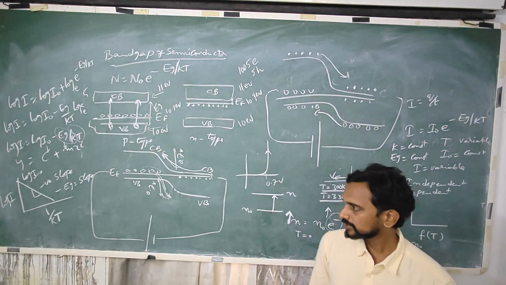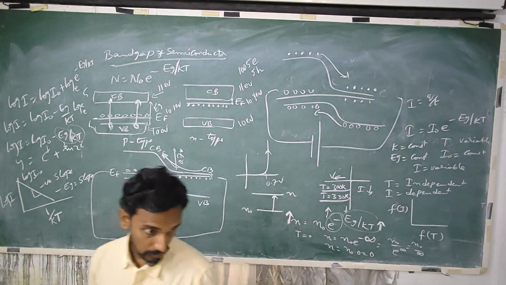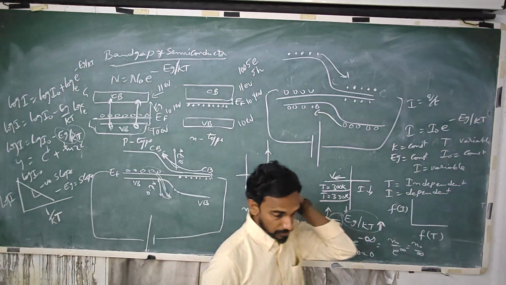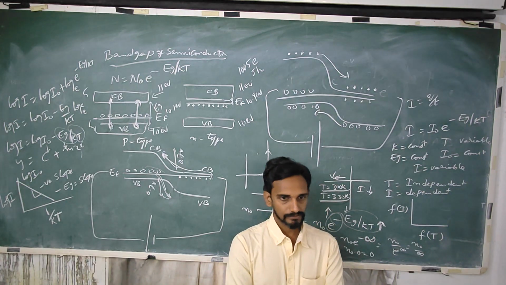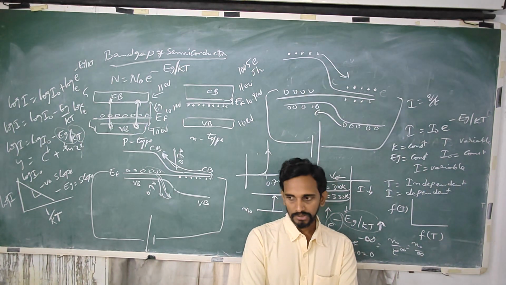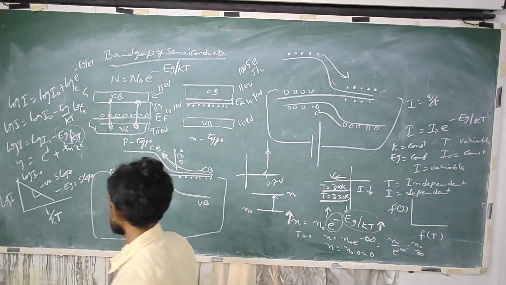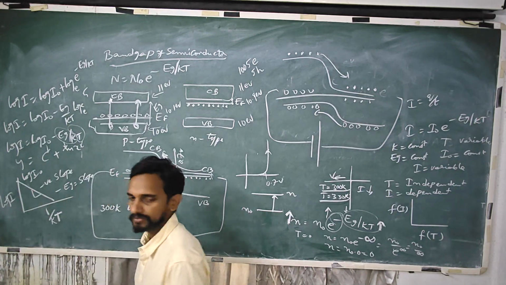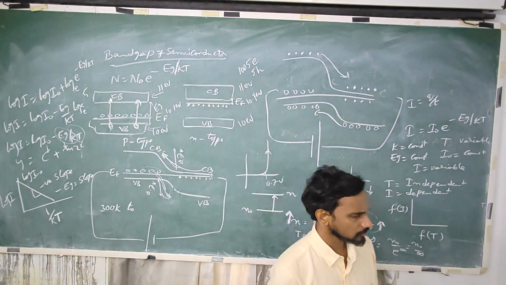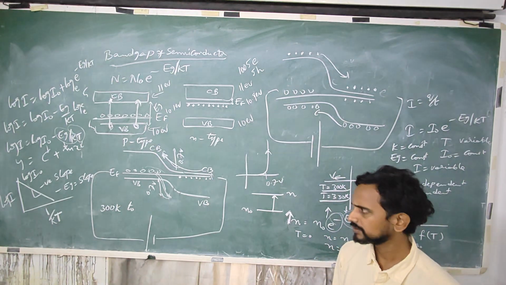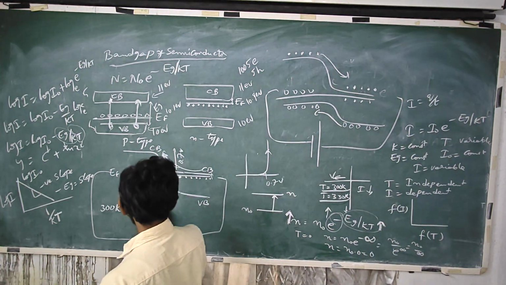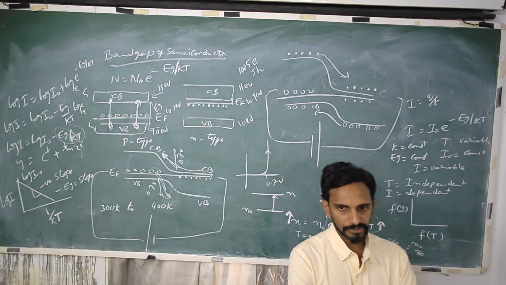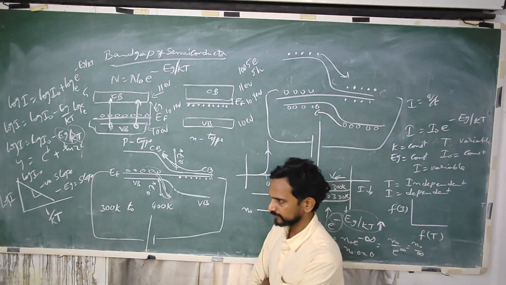Okay. So the most important correction from the previous session was that we have to consider the temperature in kelvins. So 273 plus 23, let's say we'll start from 300 kelvins and go up to 400 kelvins in steps of 10.